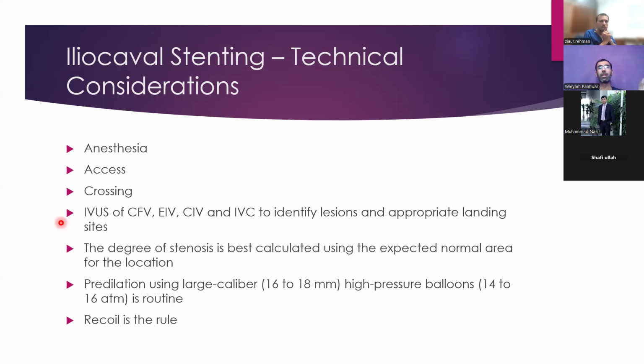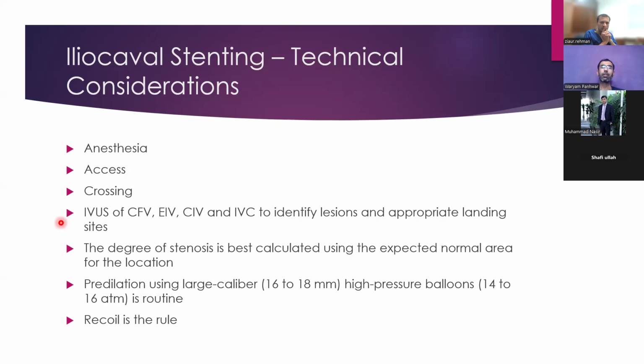Most of the time the thrombosis involves the femoral vein also, so it is sclerosed, small caliber, and most of the time lying behind the artery. It is the most difficult part, and sometimes it takes more than 1 hour just to get the access of the iliac vein.